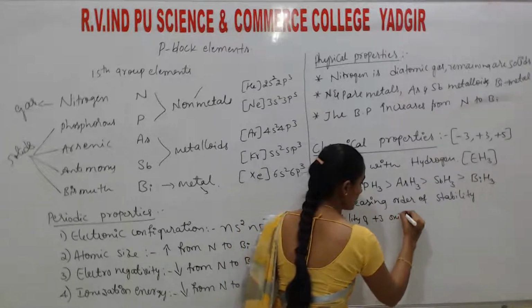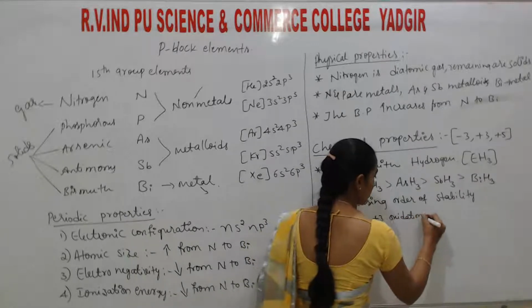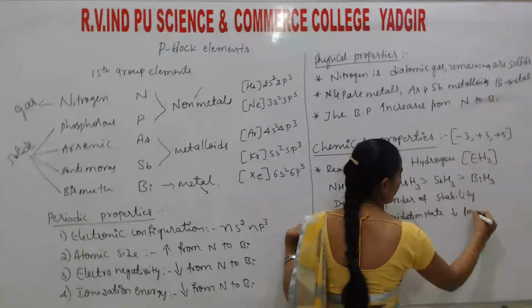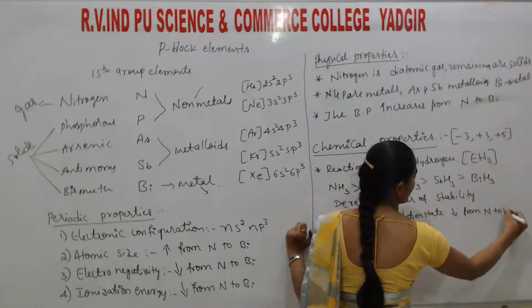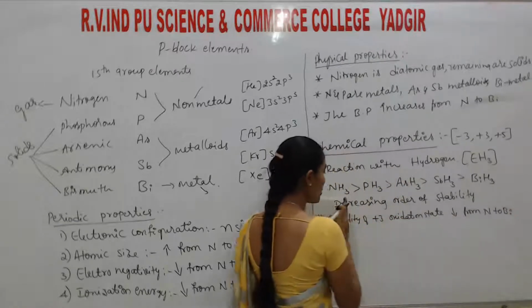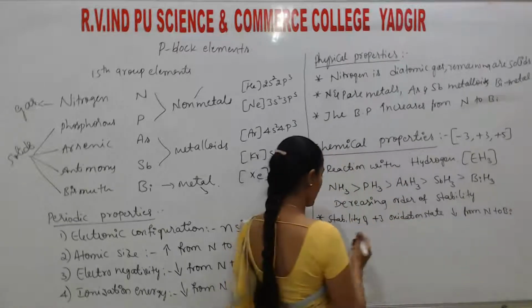Understand? And remember, students, the stability of the +3 oxidation state decreases from nitrogen to bismuth. Nitrogen is highly stable in the +3 oxidation state.